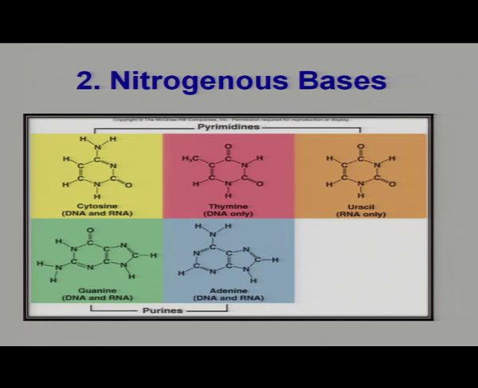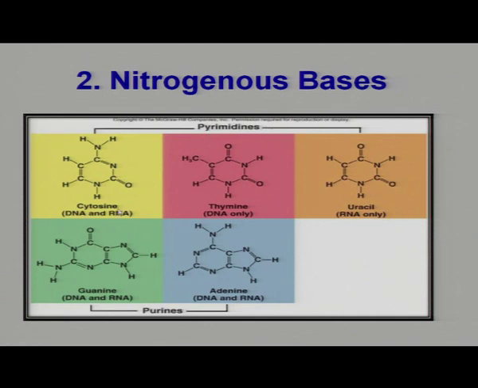The next major component of DNA is nitrogenous bases. There are 5 types of nitrogenous bases: cytosine, thymine, uracil, guanine and adenine. Commonly they are classified into 2 categories, pyrimidine and purine.